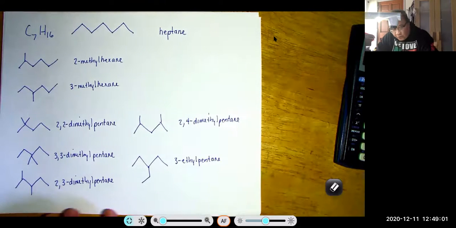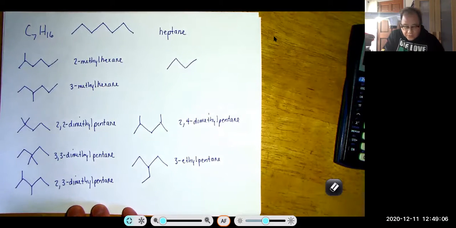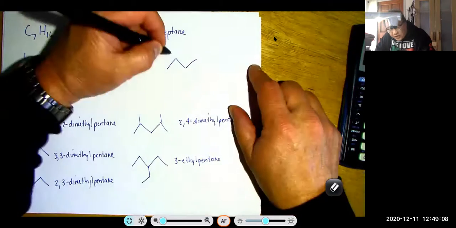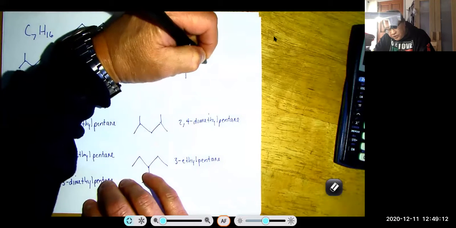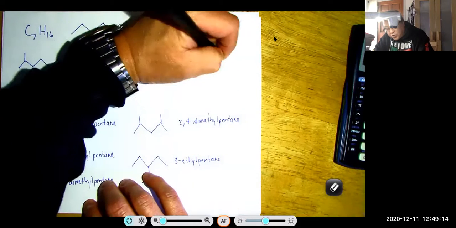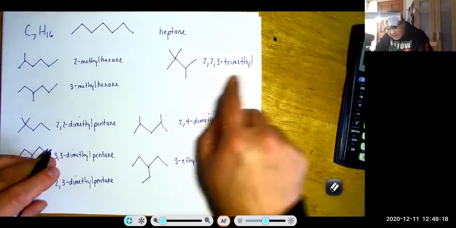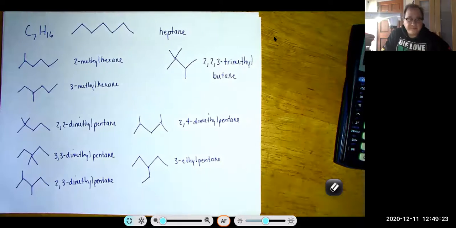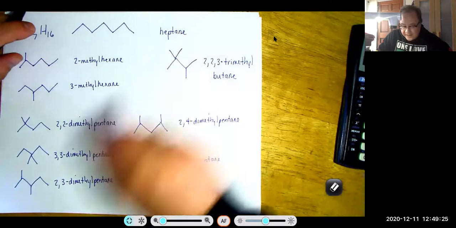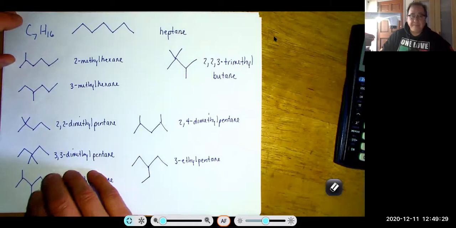Now we got to try the 4s. So here's 4, and now I need to put 3 more carbons on it. So here's 1, 2, 3, and this ends up being 2,2,3-trimethyl butane. I've run out of room, so I'm going to write it down here. We cannot put an ethyl on this guy, because if we put an ethyl on this guy, we end up getting a pentane.